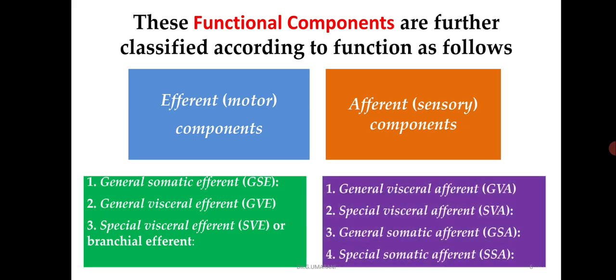Whereas the afferent sensory components are general visceral afferent, special visceral afferent, general somatic afferent, and special somatic afferent. Like this, a total of 7 functional components of these nuclei are present. The afferent, that is the sensory, has 4 functional components, whereas the efferent, that is the motor, has three functional components.